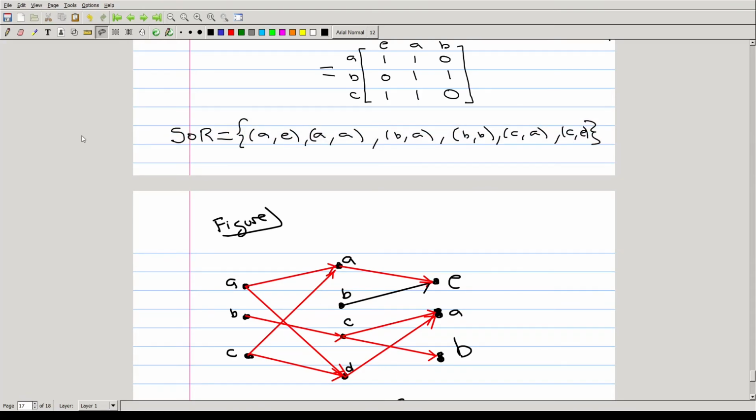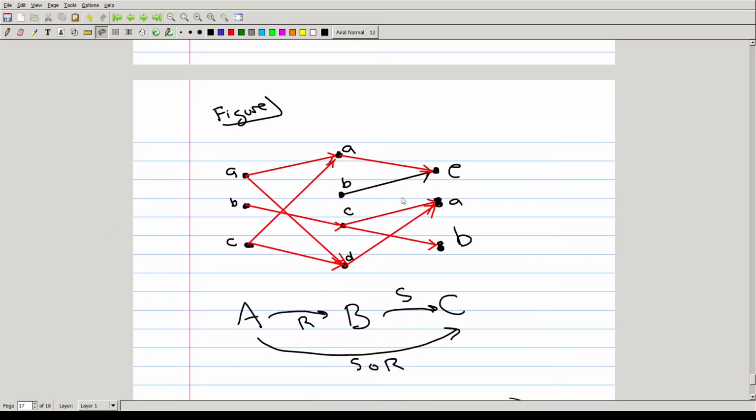So this is very convenient and allows us to use computers, and by hand, if the matrices are small enough, to go through and compute this. And you can see very clearly that this is giving us information about the connectivity of elements between sets. So this idea is super useful in networking, and we'll see a little bit later on in what's called graph theory, the theory of connected networks.